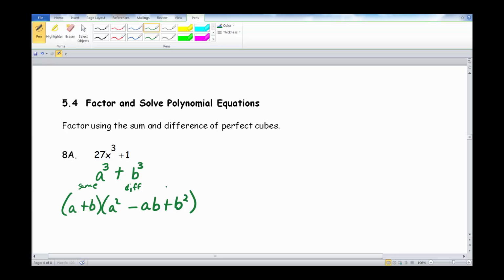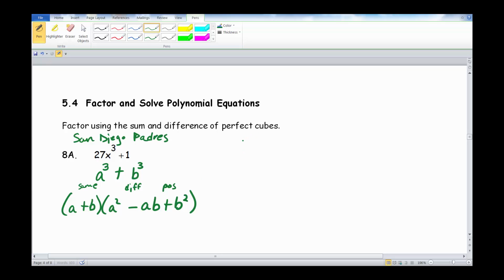And then the last guy would always be positive. So again, we use San Diego Padres from class just to help us remember the signs for the sum and differences of cubes. They work exactly the same whether it's a positive or negative here. As long as you use the San Diego Padres method, you should be okay with the signs. And we'll see one when we get to 8b.